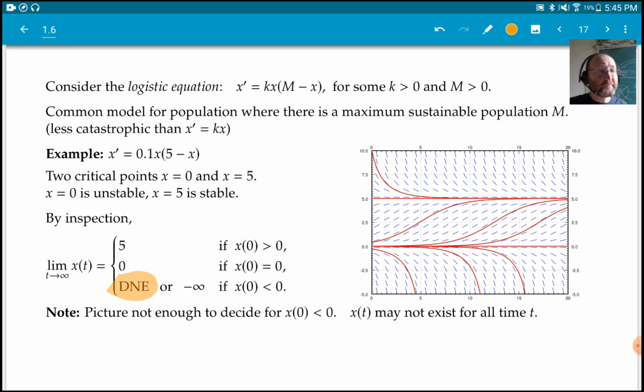Maybe it does, maybe it doesn't. We can't quite decide from this picture. But it's clear it's going to minus infinity. We just don't know when it gets there, if it's as time goes to infinity, or as time goes to some finite number where there's a vertical asymptote. We don't know, but it's one of the two. All right.